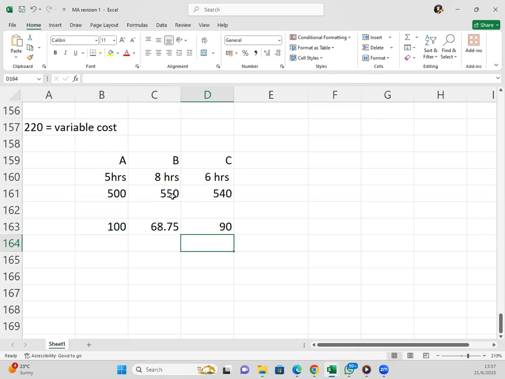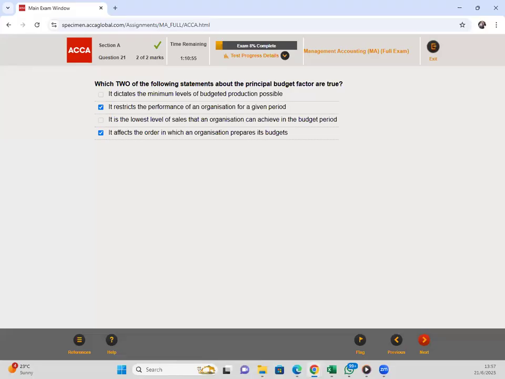So I won't use any of the hours in company B. In the case of the limiting factor, let's look at the last point now. The limiting factor affects the order in which the organization prepares its budget. So we are going to prioritize A, followed by C, and we end with B. What gave rise to that order is the limited resource.